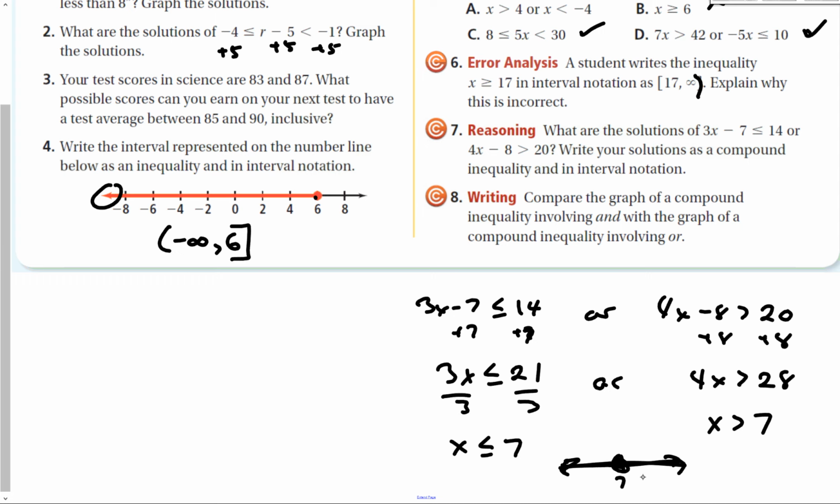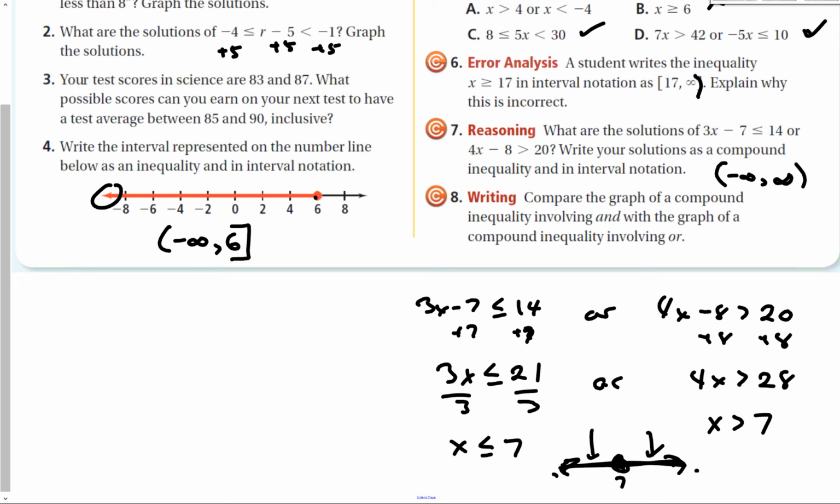This graph contains every possible answer, from negative infinity to positive infinity. All real numbers. Pretty ugly infinity. I'm not good at drawing them.